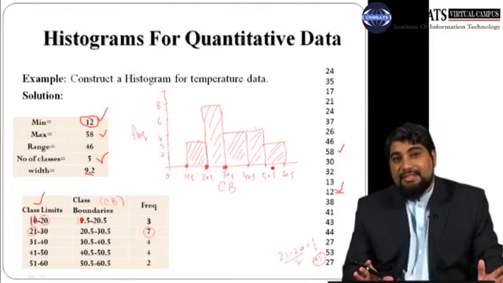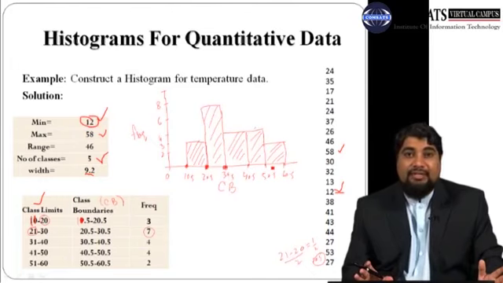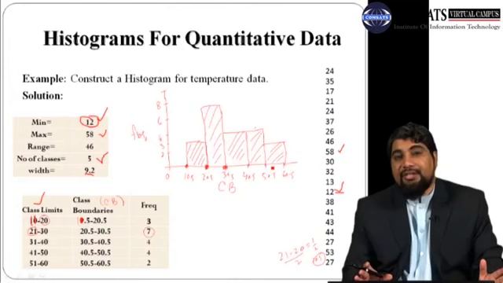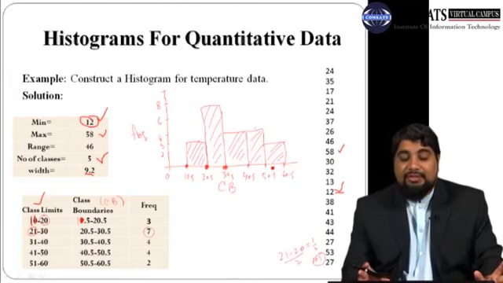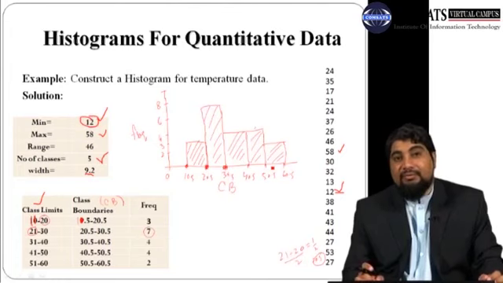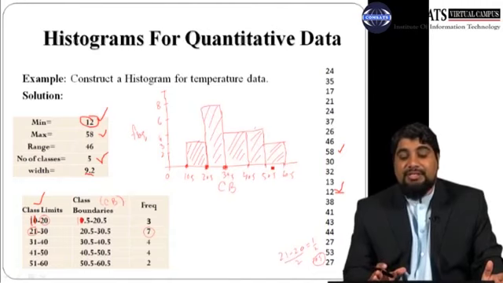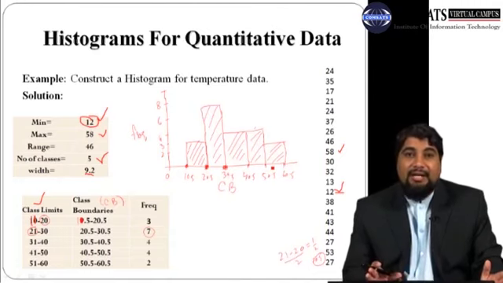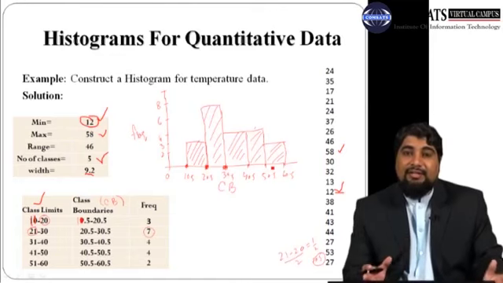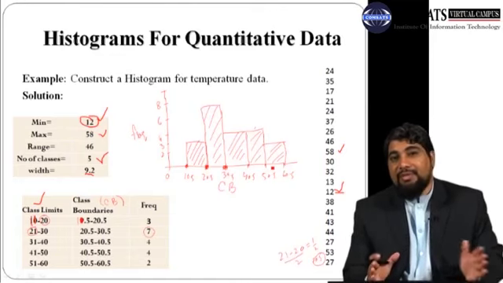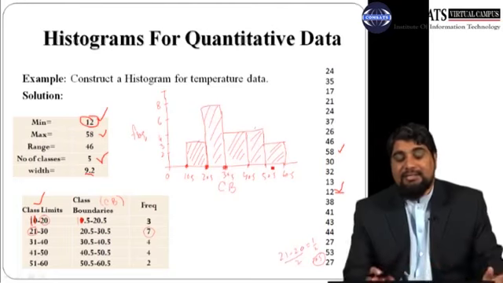You need to note several points regarding the histogram, and how a histogram is different from a bar chart. The first point to note is that along the x-axis we now have class boundaries, whereas the y-axis is the same, frequencies. And there is no gap between the bars, they are connected bars.